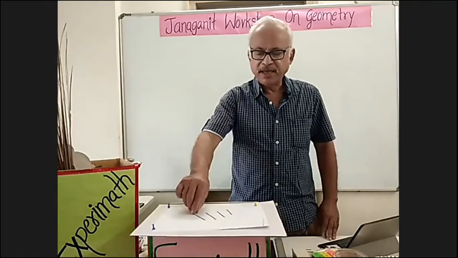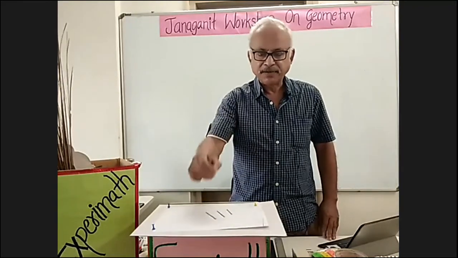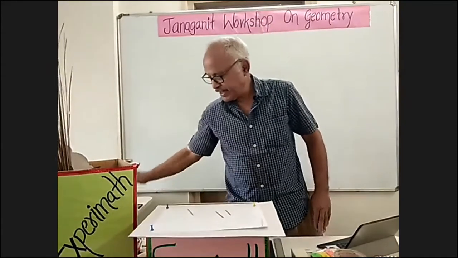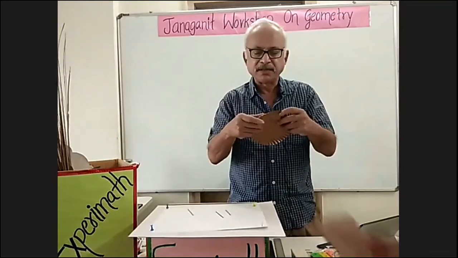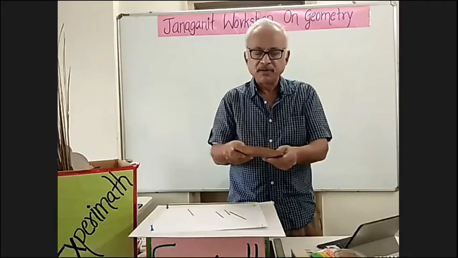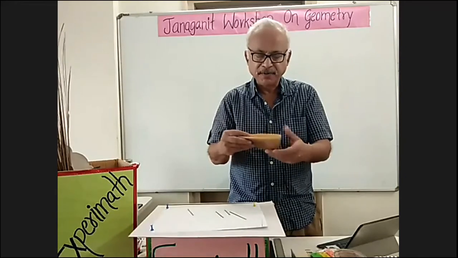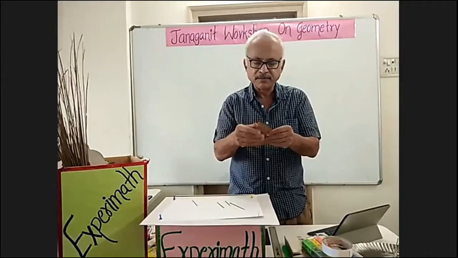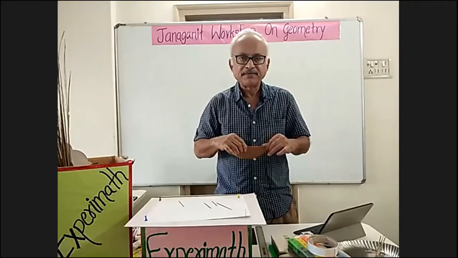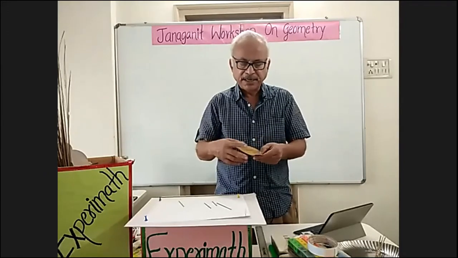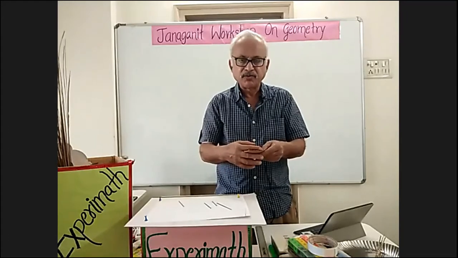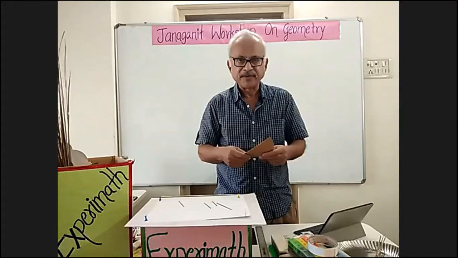Like we made a line segment from a stick, we made an angle by taking a paper circle, folding it in half along a diameter, and then cutting angles from the center to the circumference.